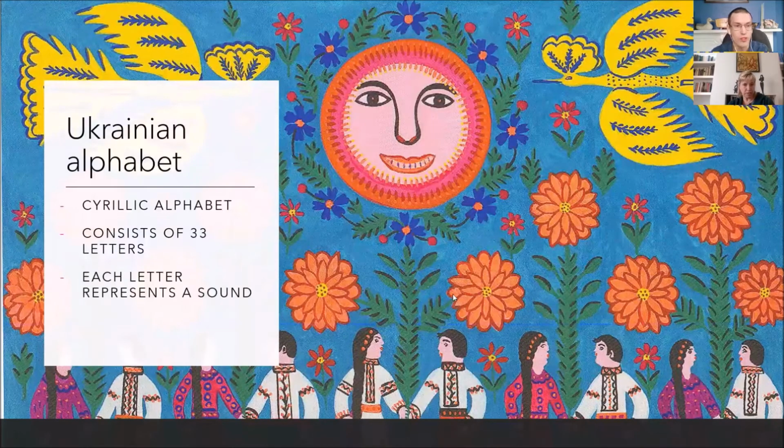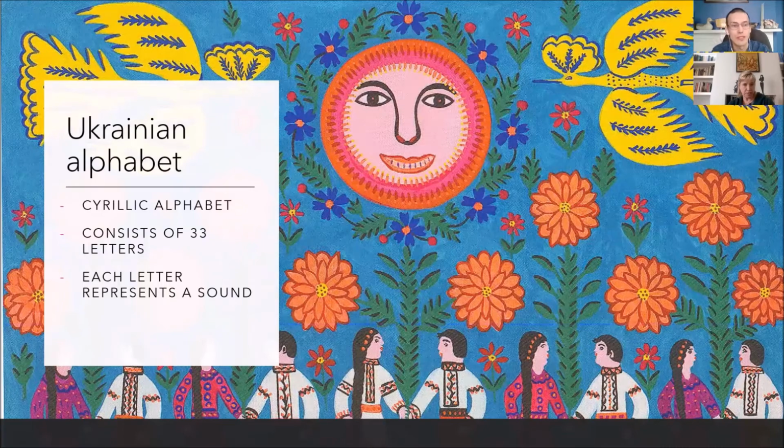About Ukrainian alphabet. The Ukrainian alphabet is very much different from the English one. It's a Cyrillic alphabet, so that means if you speak or are able to read Russian or Bulgarian or Belarusian, it will be very easy for you to catch Ukrainian alphabet.